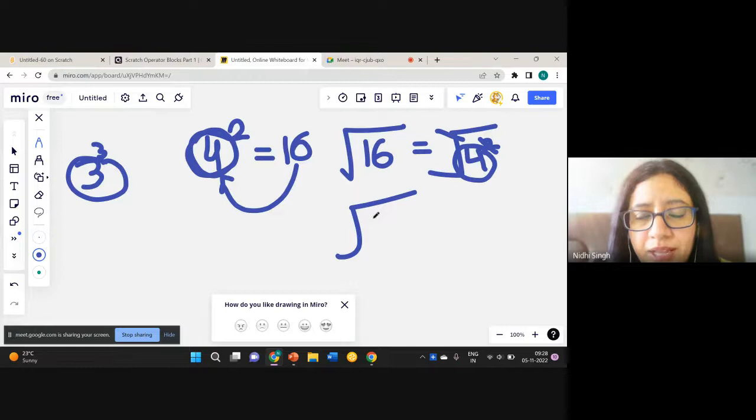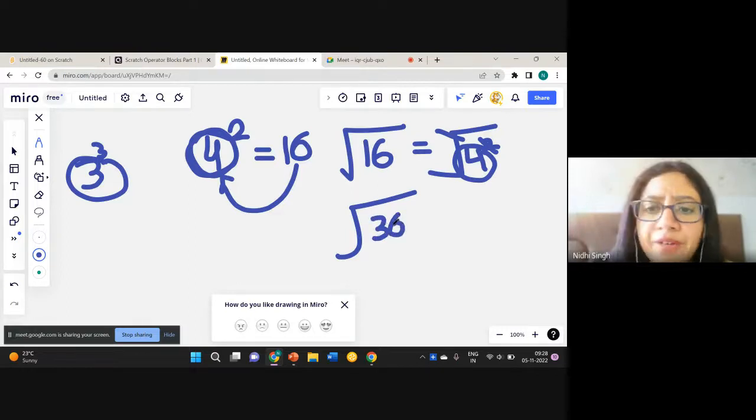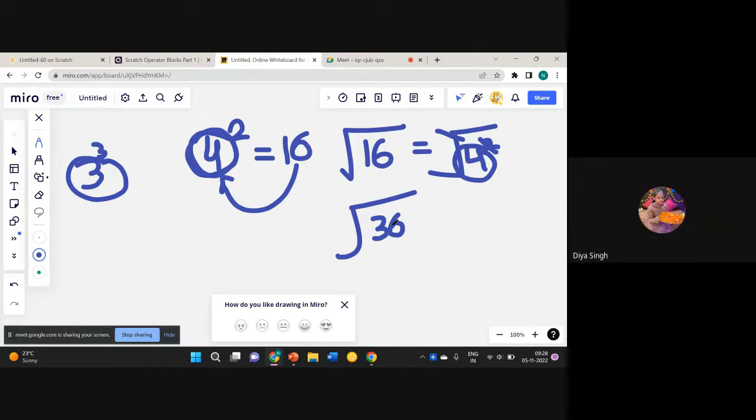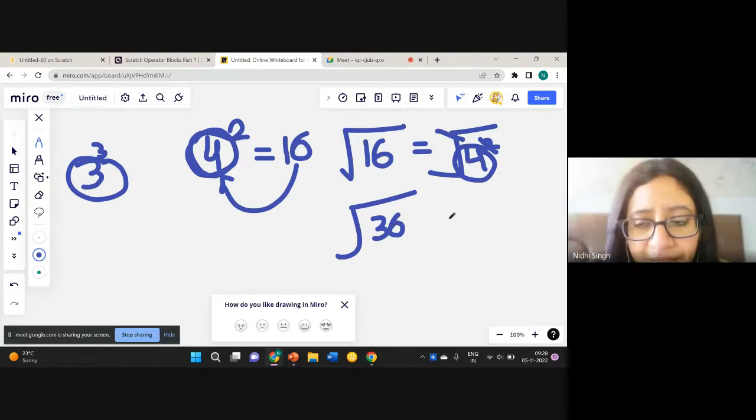Let's talk about 36. There are so many factors of 36. But I want that factor, that number, which if you multiply with the number itself, then you get 36. So what will be the number? 6. Good. Why? Because 6 times 6 is 36.